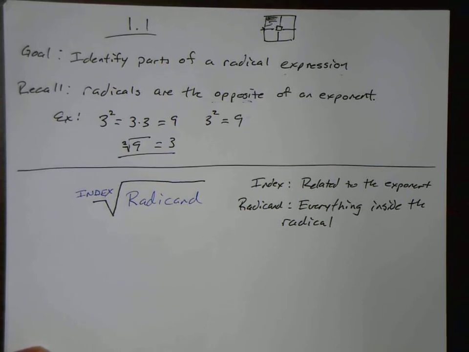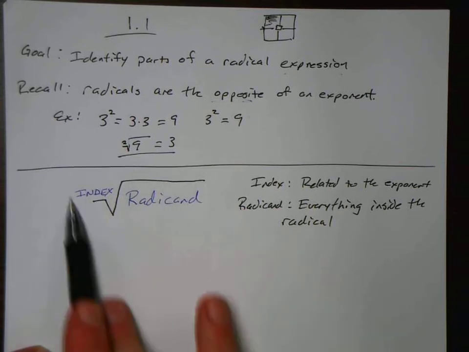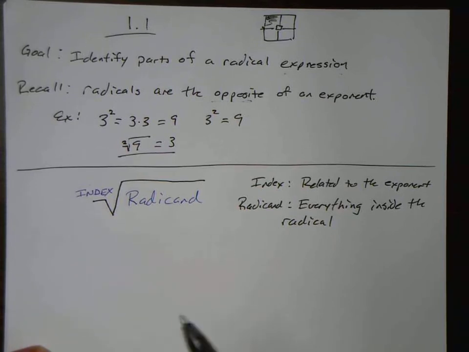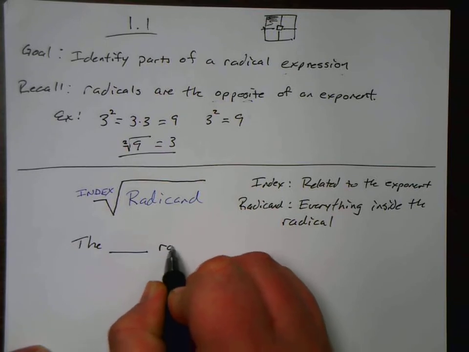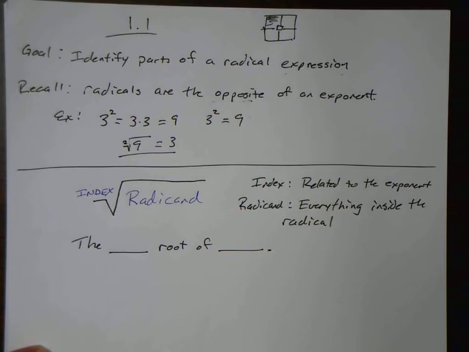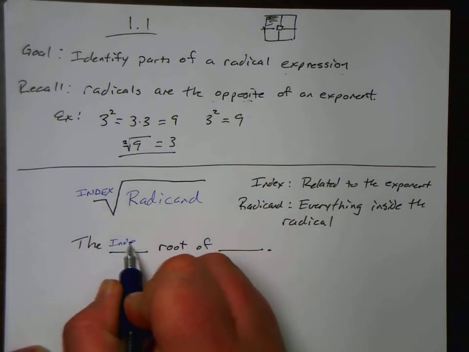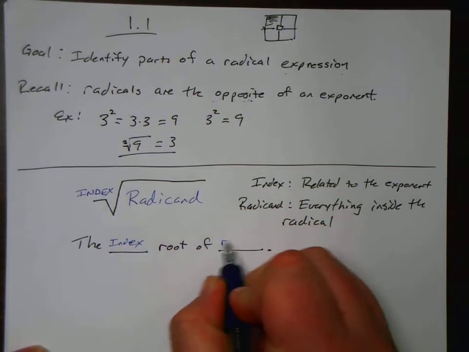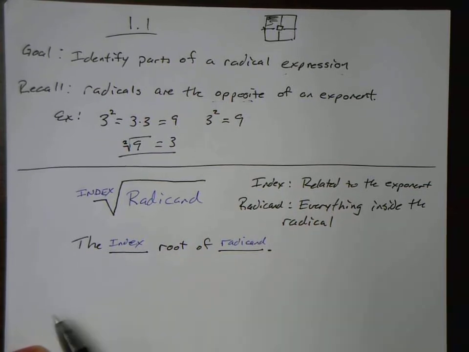And in general, when we read it or say it, we are going to use the phrasing, it is the blank root of blank. And we would put our index here. So the index root of the radicand. So here would be our radicand. Go into that here in just a second.